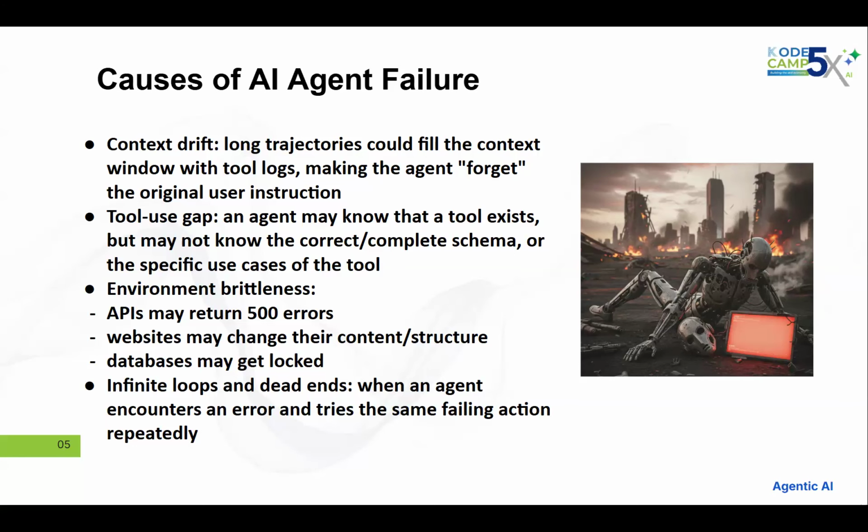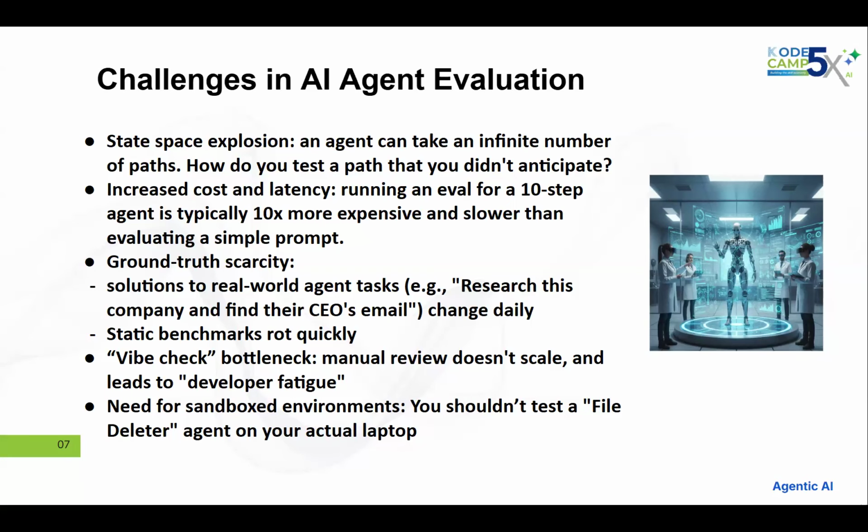Now let's look at the challenges in evaluating AI agents. In an agent, there may be a very, very large number of possible execution paths, right? When you have conditional edges, there are two or more possible next nodes, and those next nodes may also have conditional edges.